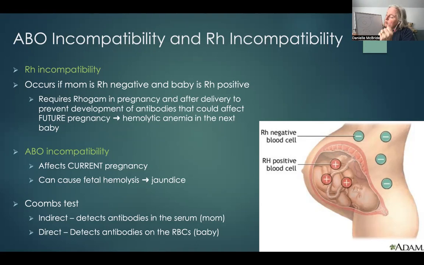This donut doesn't want sprinkles on it. So it's going to build up these barriers to try to keep the sprinkles away. RhoGAM is going to take this away. Okay, because otherwise on the next baby, these antibodies will attack this baby. So that's Rh incompatibility.